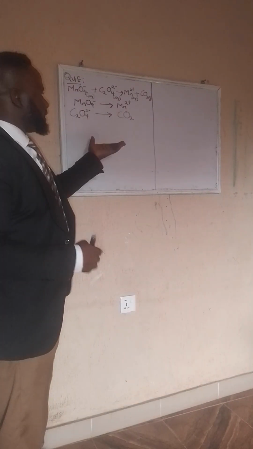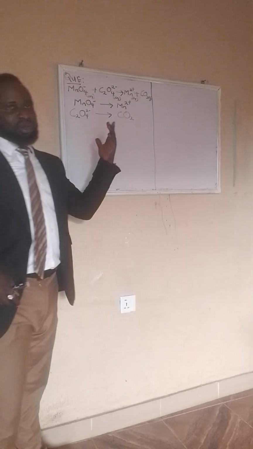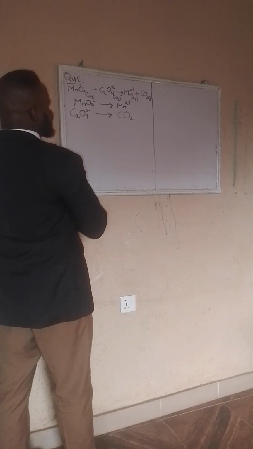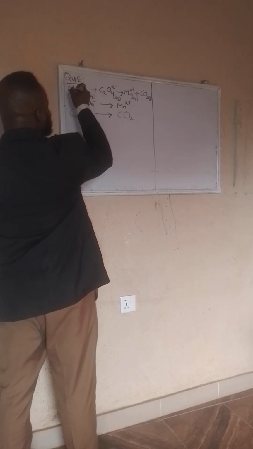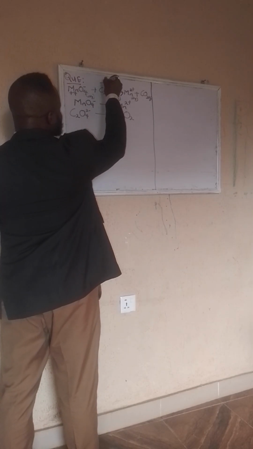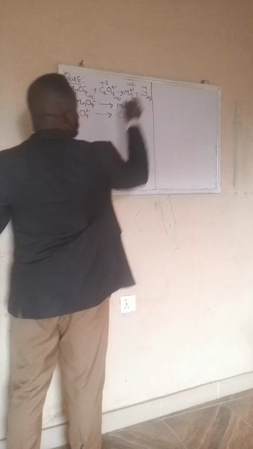So I've split the reaction. So how do I identify which one is oxidation, which one is reduction? Now, anytime there's a change in the oxidation number, of course the oxidation number of the species here is +7, here will be +3, here is +2, and here is +4.